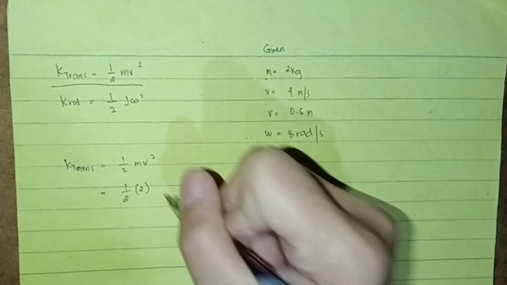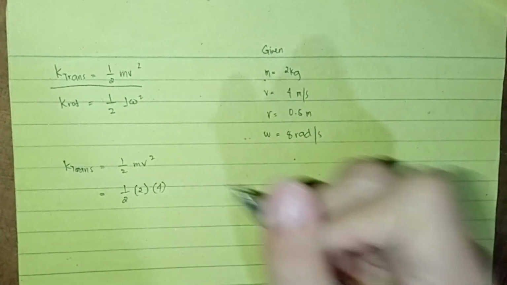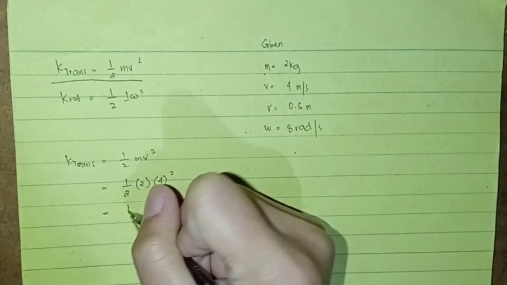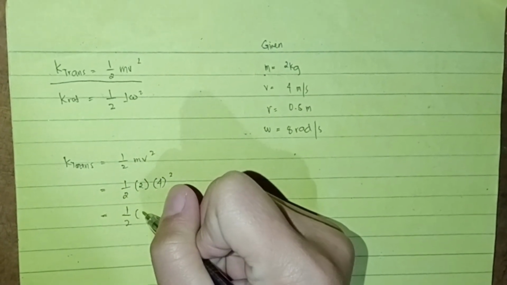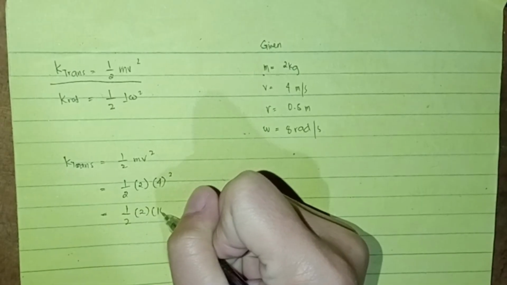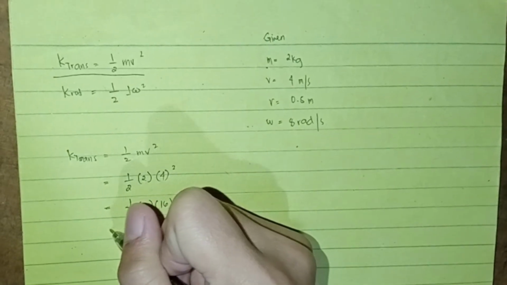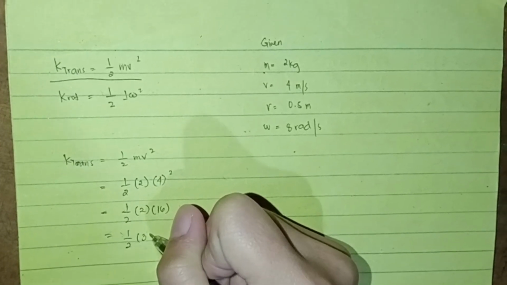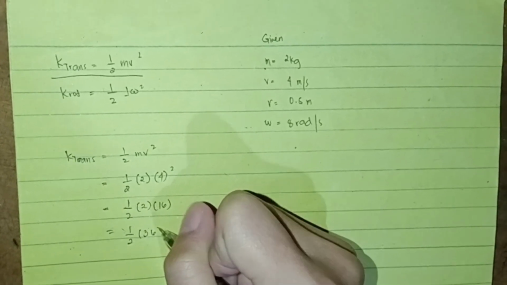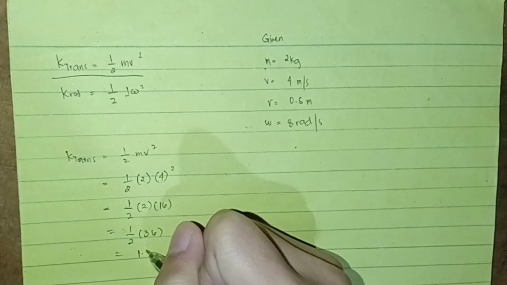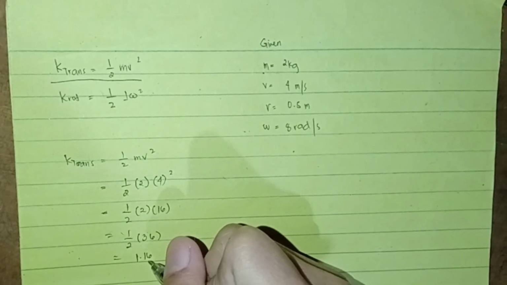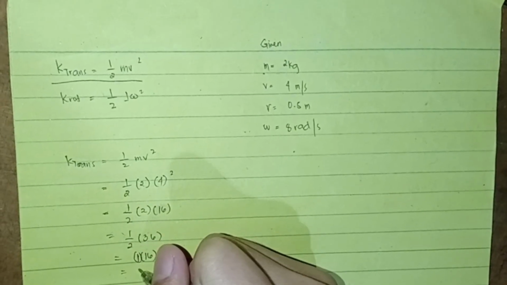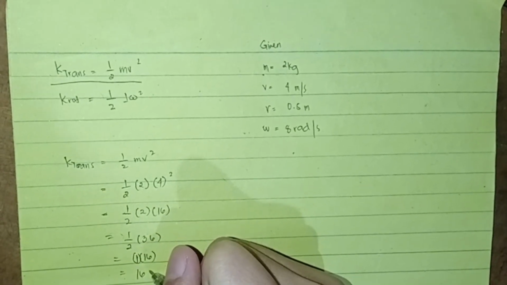Our velocity is 4 meters per second squared. So the result would be 16 joules.